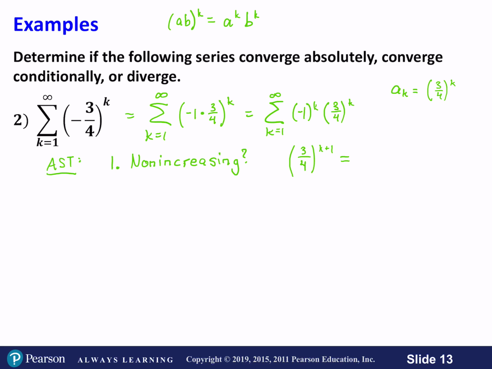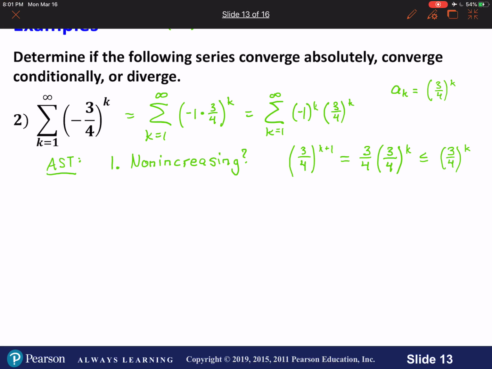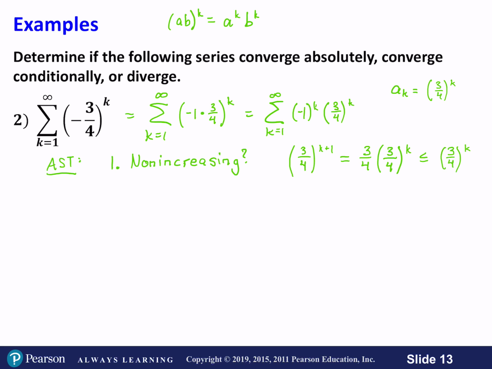What's a way that we could rewrite that? Well, we could just rewrite that as 3/4 times (3/4)^k, and that is certainly less than (3/4)^k. Just to give you a little bit of color, notice this was a_(k+1), and this is a_k.